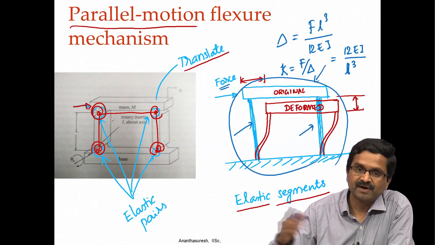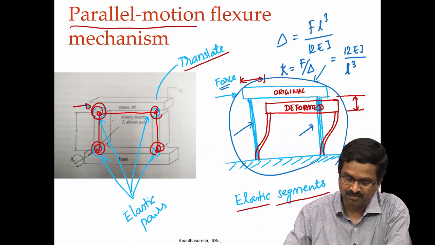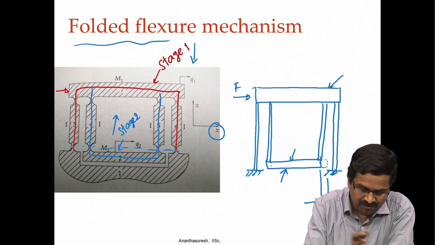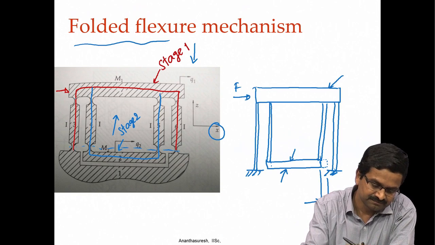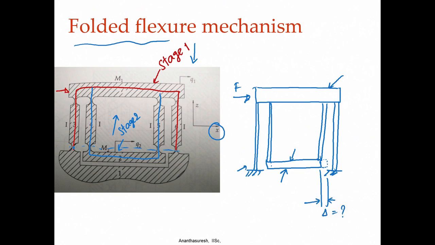Now, let us go to finite element analysis and try to analyze these things, because as things get complicated, for example, if you go to this one, you have again 4 beams, each of which is fixed and guided. You need to keep on adding.